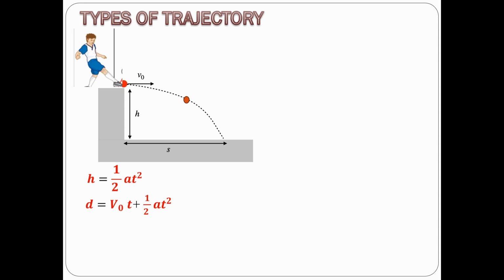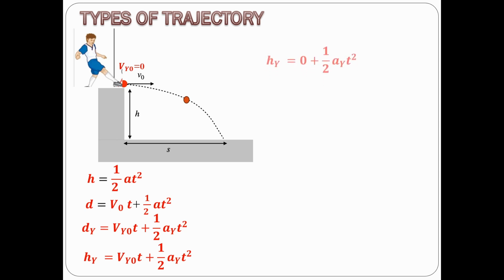So to show that the equation is dealing with the y direction, dy, which is basically the height, is the displacement in the y direction. v y initial is 0 because it is moving horizontally. So h will become equal to 1/2 a t squared.